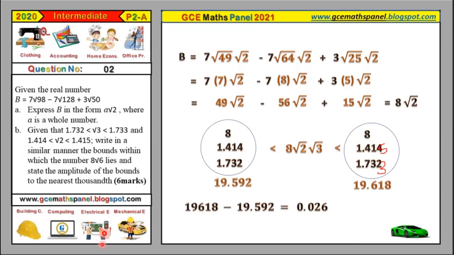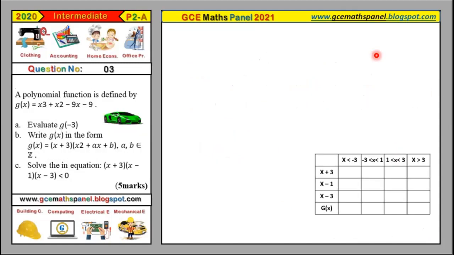All right, the next question, question 3 reads: a polynomial function is defined by g of x equals x cubed plus x squared minus 9x minus 9. Evaluate g of minus 3.